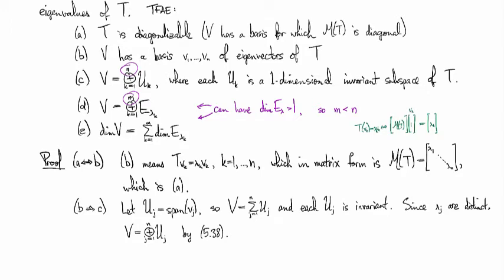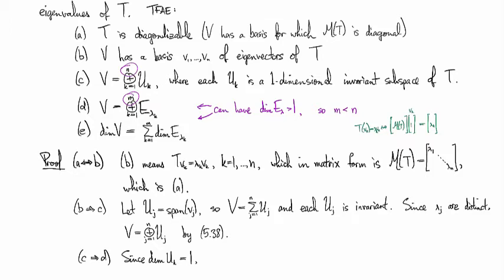Now we need to do C implies D. So for C implies D, we're assuming that we've got this direct sum decomposition into UKs, and since we're given that the dimension of each UK is 1, we know there's a non-zero element in each of these. So we choose VK in UK, nonzero.